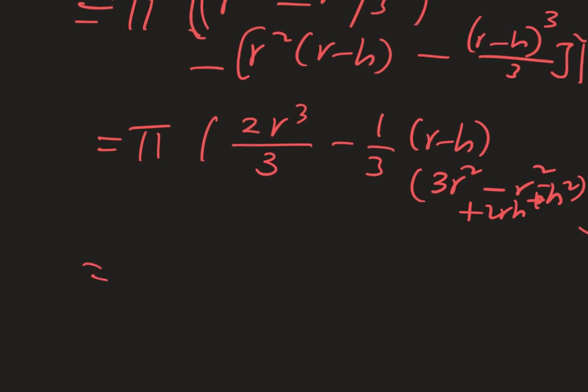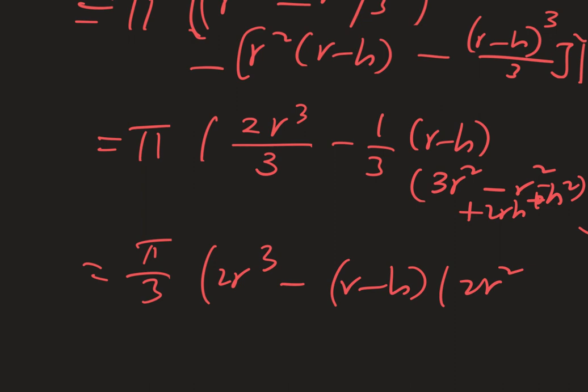So this becomes pi over 3, r cubed, 2r cubed minus r minus h times 2r squared plus 2rh minus rh minus h squared.